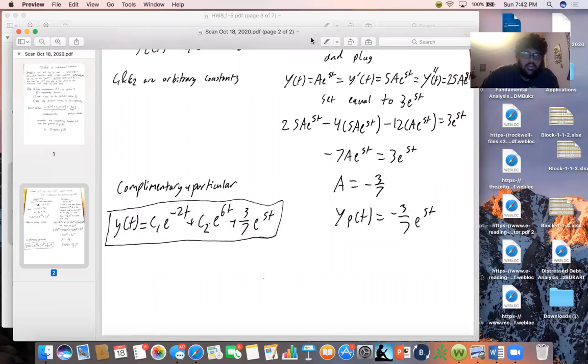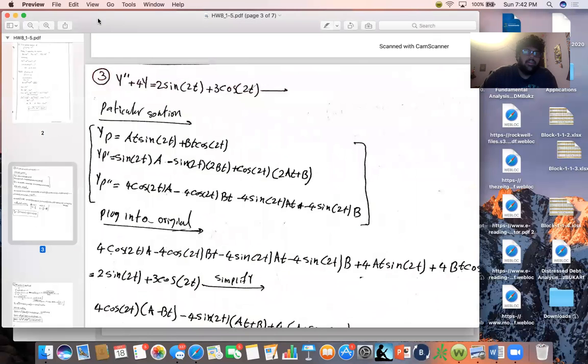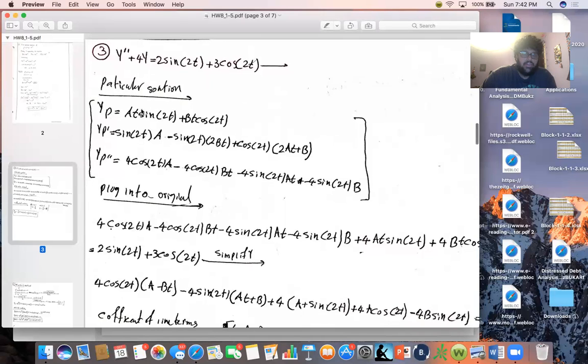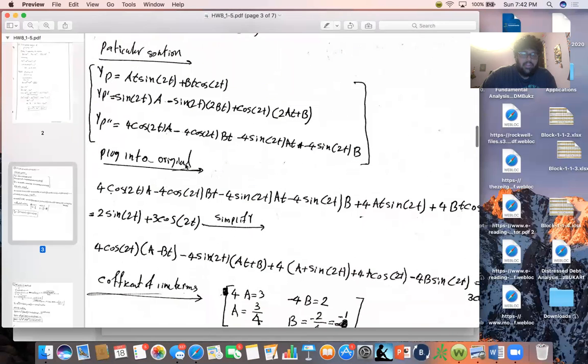And remember, for the homework question number 3, with a particular solution for a sinusoidal equation, you just take the first and second derivatives with the trigonometry, and that's going to be really messy.